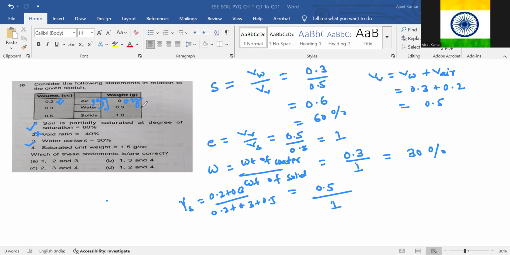So total weight is plus 1. You have to add 1 in this again. So 1.5 by 1. This is 1.5 gram per cc.